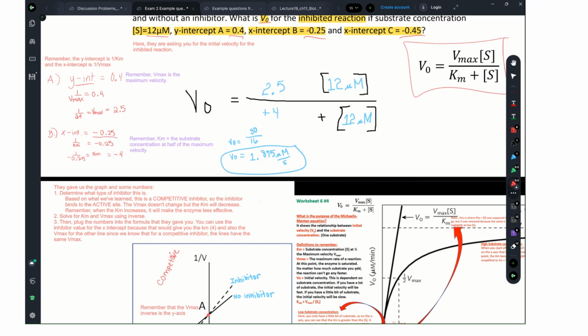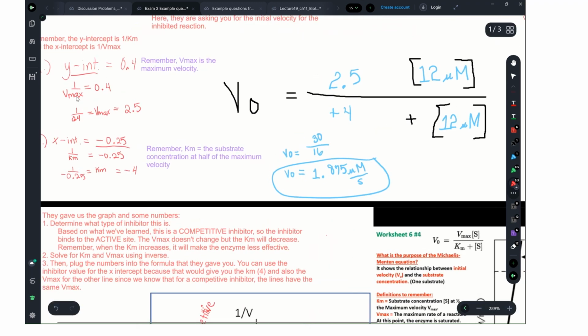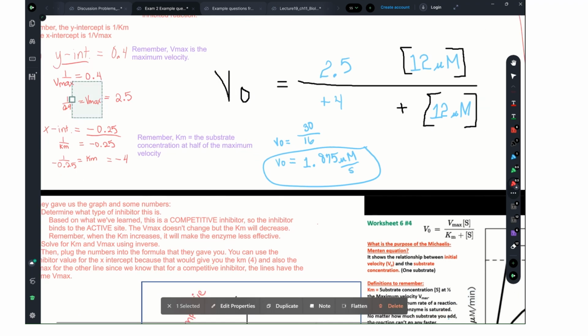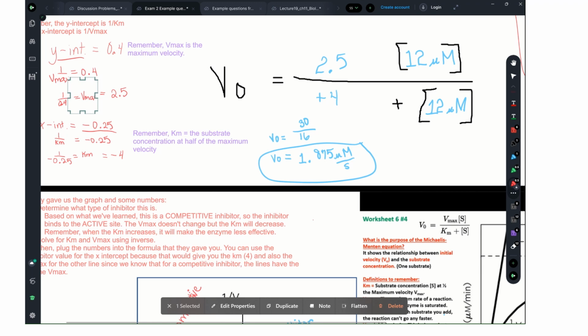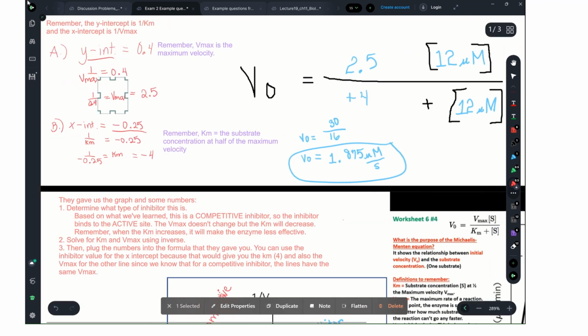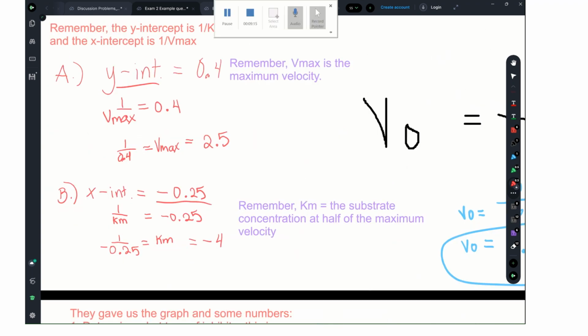All you have to do is take the inverse, because the y-intercept is equal to 1 over the Vmax, and you set that equal to the value that they give you. So 1 over Vmax is equal to 0.4.